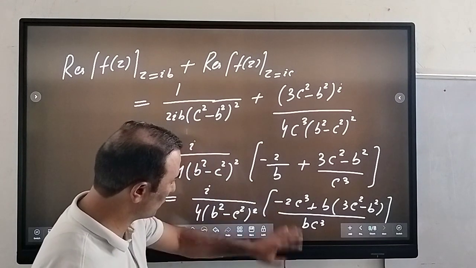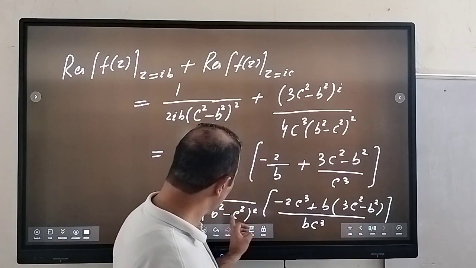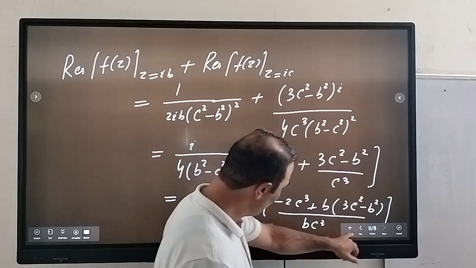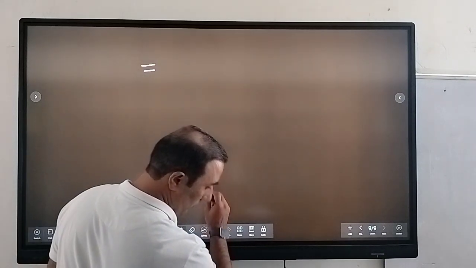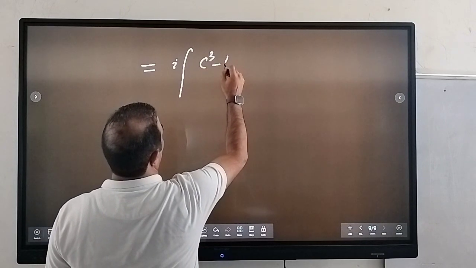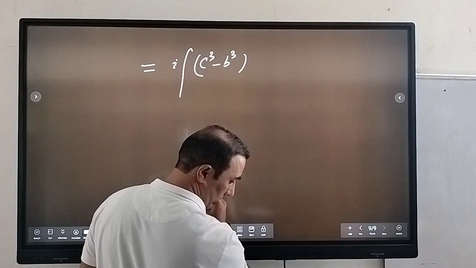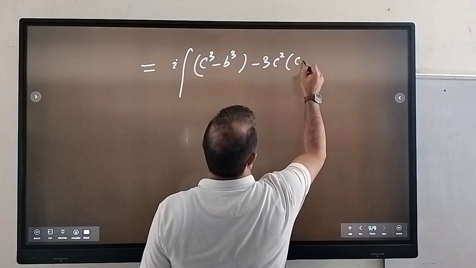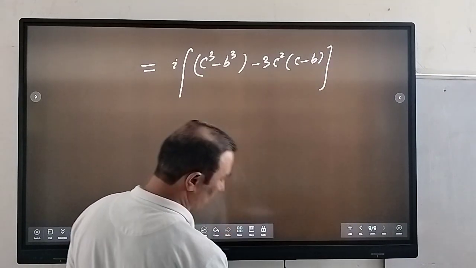Now I multiply this to this term and take iota out, so it becomes c square into c minus b.